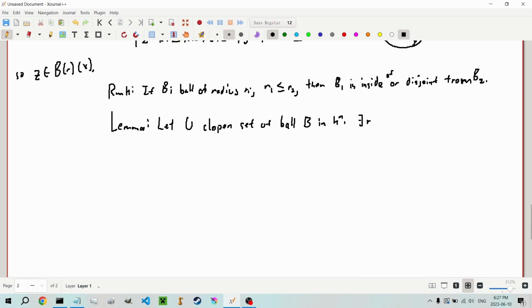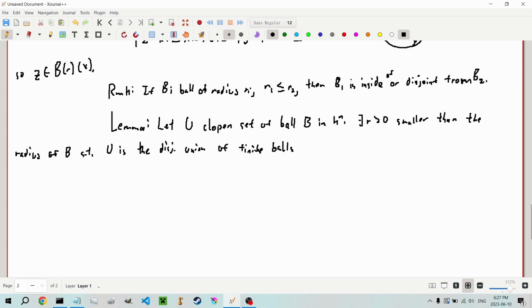There is a positive radius r smaller than the radius of B such that U is the disjoint union of a finite number of balls of radius r. Let's look at our proof.